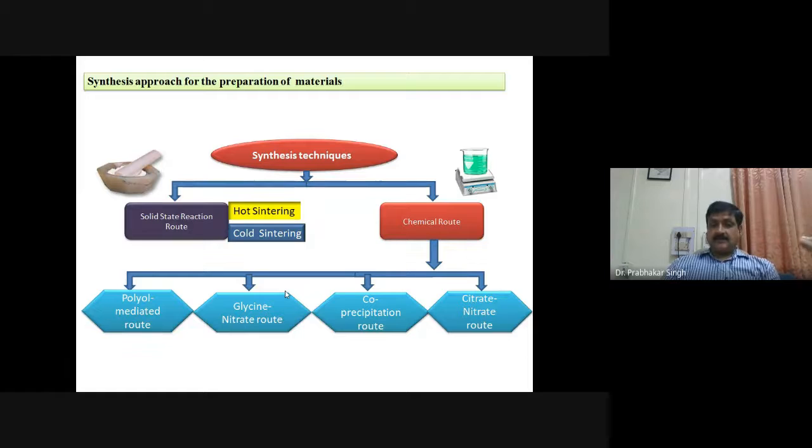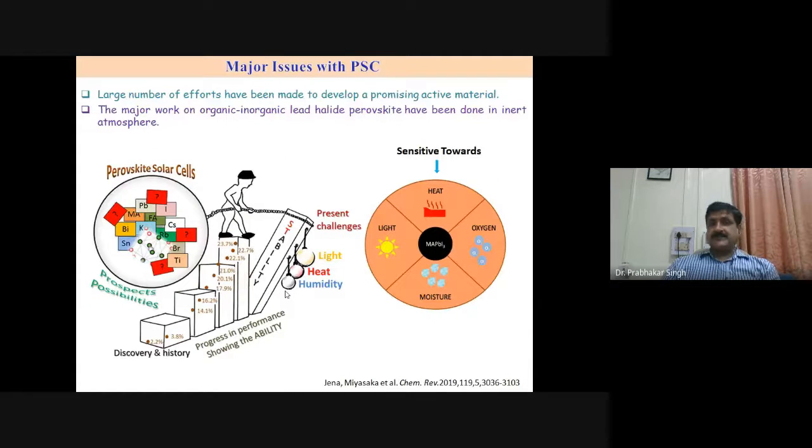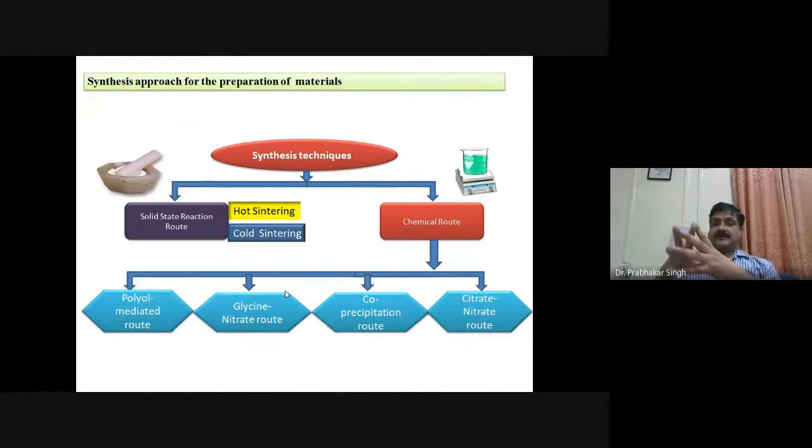That was the first part, the basics of photovoltaics for the students, and now what we worked on in our lab. As I said, we started this work about 4 years back, and we still do not have a very sophisticated lab.